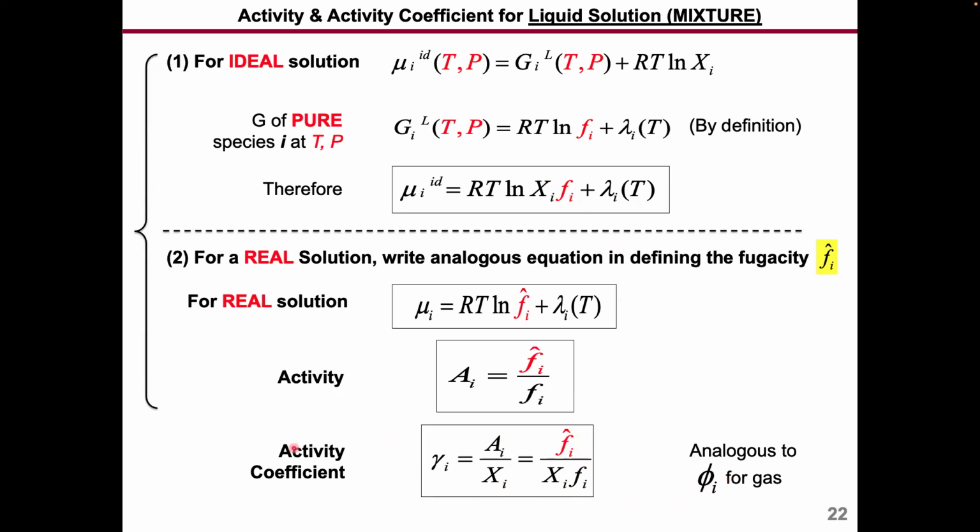So here, the activity coefficient is analogous to φ for gas, but we use activity coefficient to differentiate between gas and liquid, okay? And then by definition, if your real solution recovers ideal solution behavior, your f̂i is just equal to xi fi, or your γi in the ideal solution state is just equal to 1. So it goes to 1, okay? Recover the ideal solution behavior, okay?